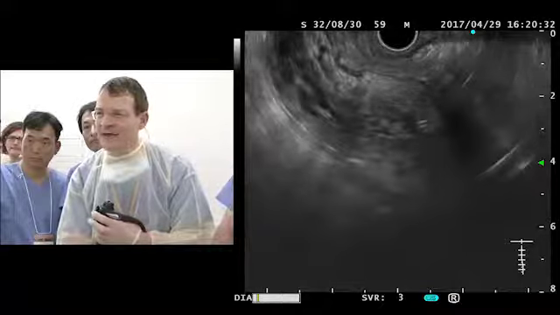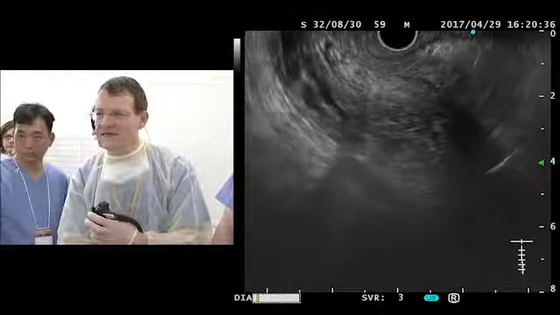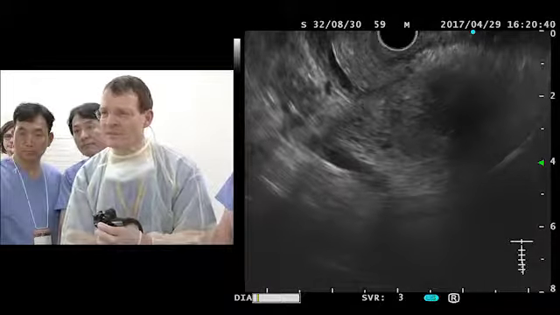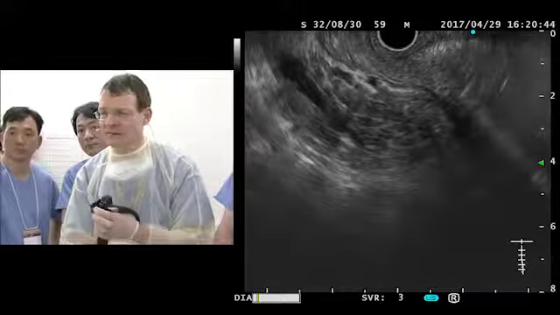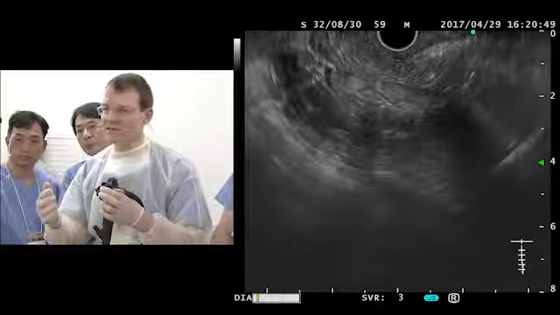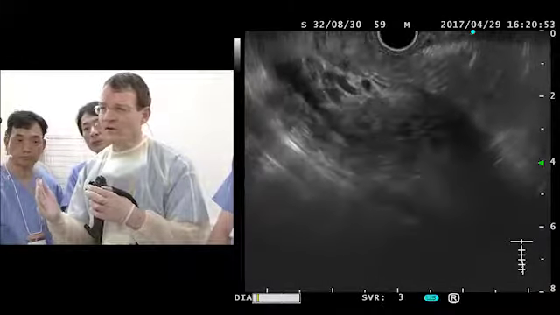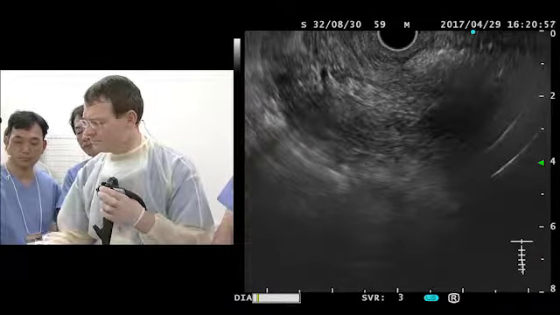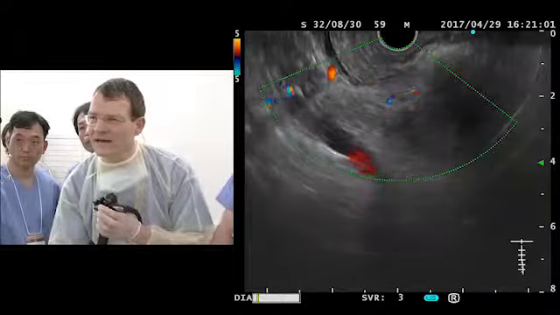And I think here we see very nicely the portal vein, and we can also look for the bile duct now, because this is a typical area where we can find the bile duct, and then we can trace the bile duct into the direction of the liver or into the direction of the ampulla. And now let's try first to find the bile duct.